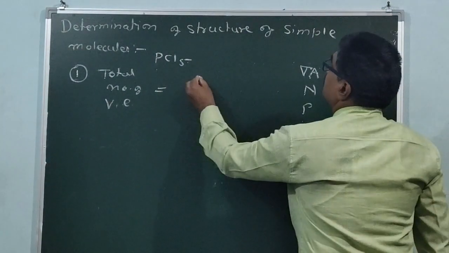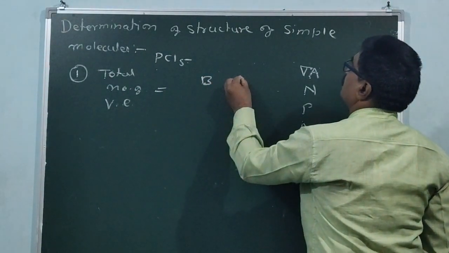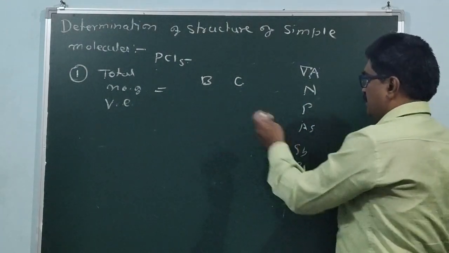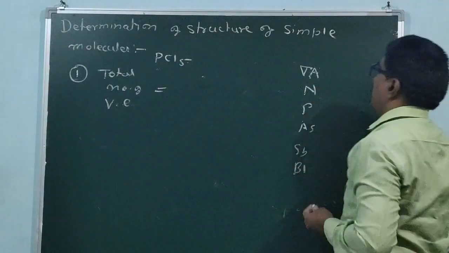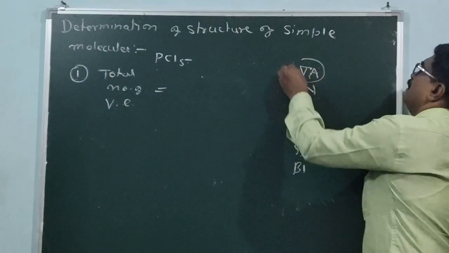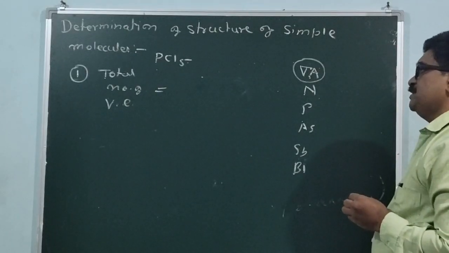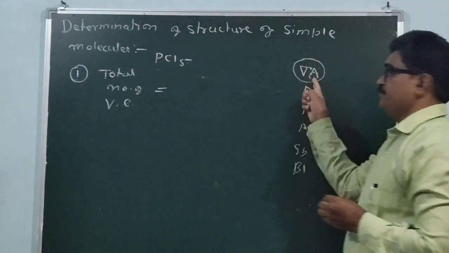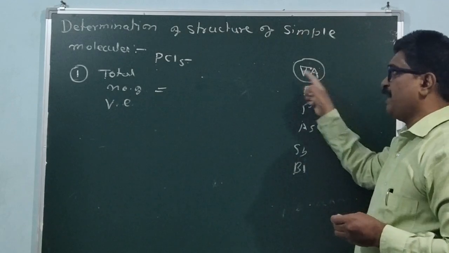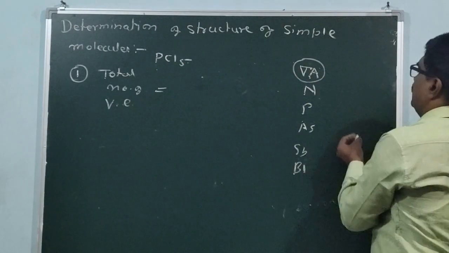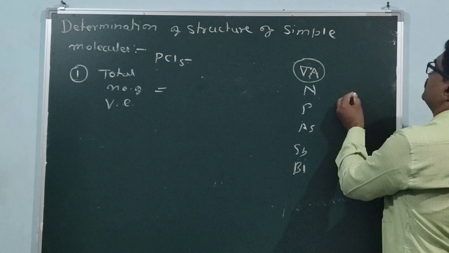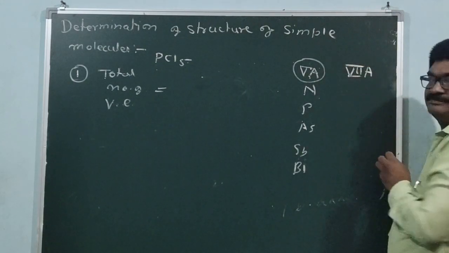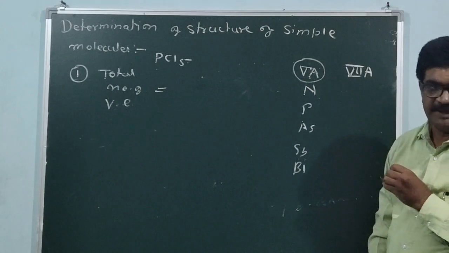You know that third A is boron, fourth A is carbon, and then fifth A is nitrogen. Fifth A means the total number of valence electrons contributed by phosphorus will be 5. Similarly, chlorine is present in the 7th A group, the halogen family.